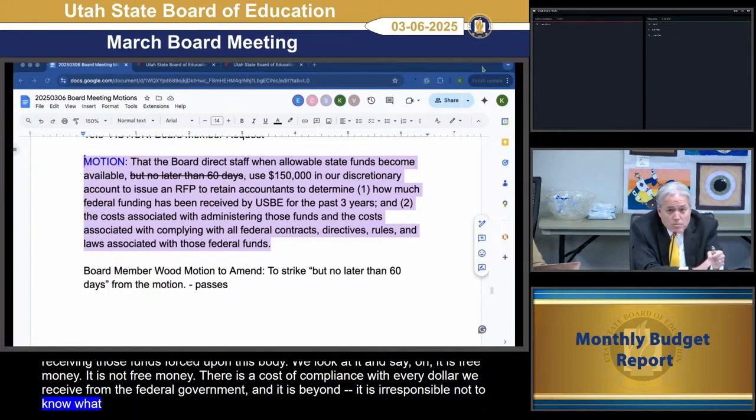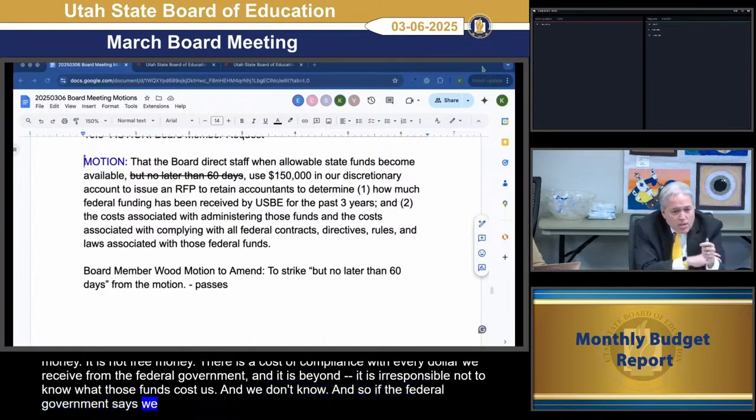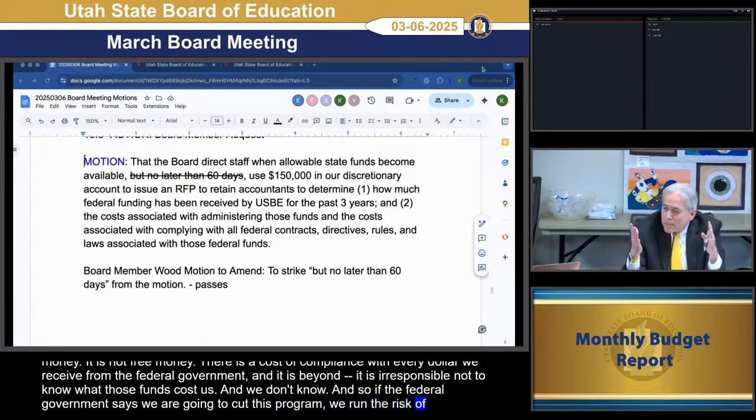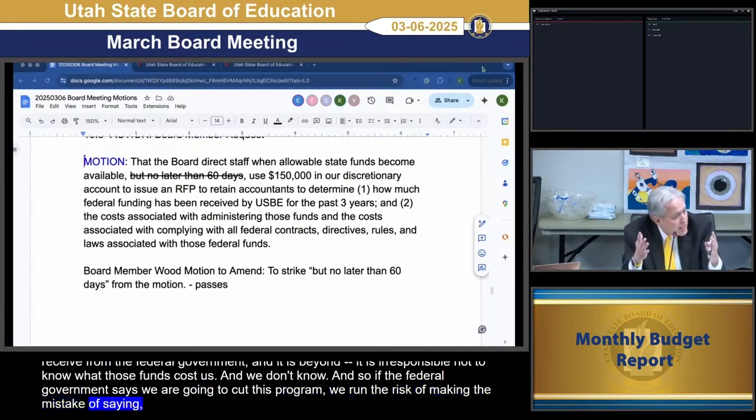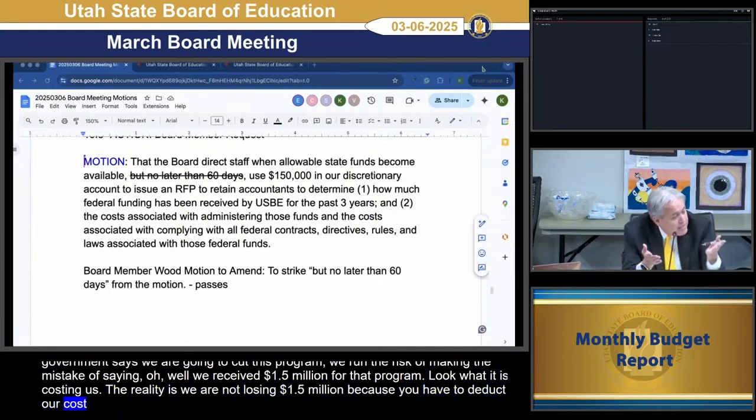And we don't know. And so if the federal government says we're going to cut this program, we run the risk of making the mistake of saying, oh, well, we receive $1.5 million for that program. Look what it's costing us. But the reality is we're not losing $1.5 million because you have to deduct our cost of compliance from the amount we're receiving.